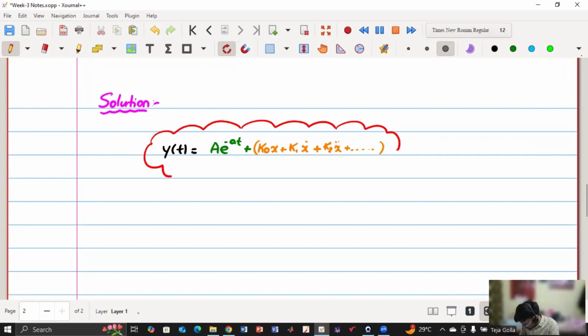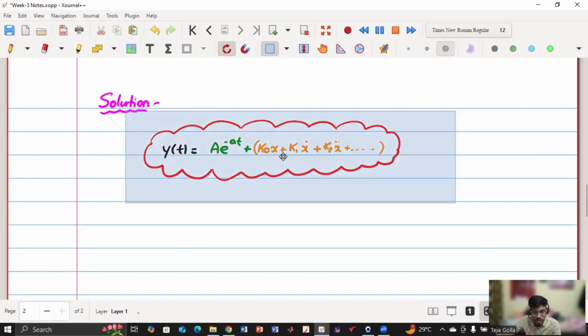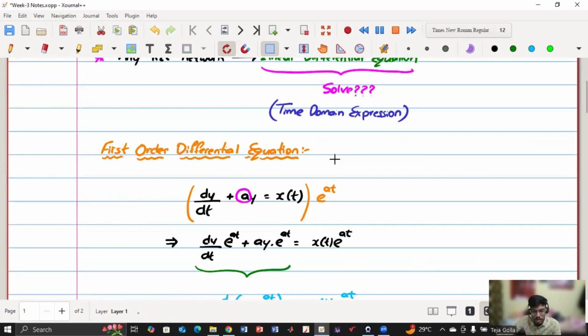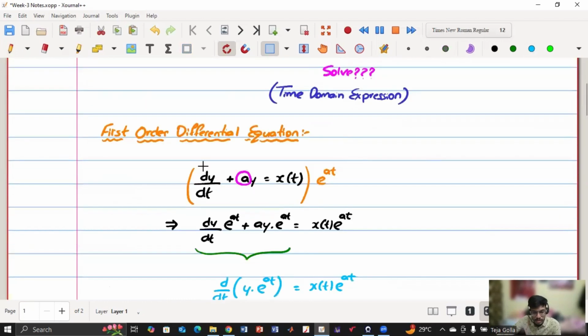So now if you see, we have generalized it. The same thing can be extended to a higher order system also. But before we do that, this is the solution for the differential equation. So let us also write the differential equation. For this given differential equation, say this is our differential equation.